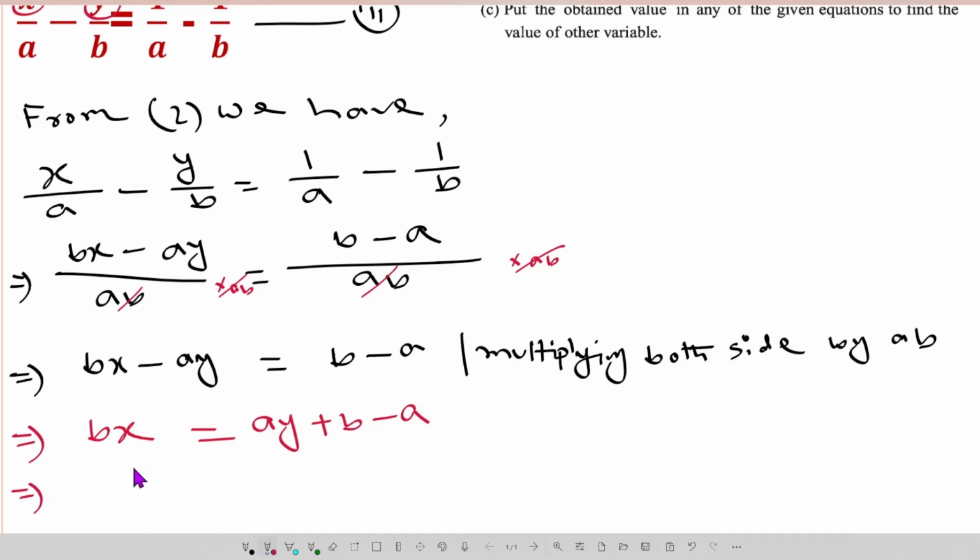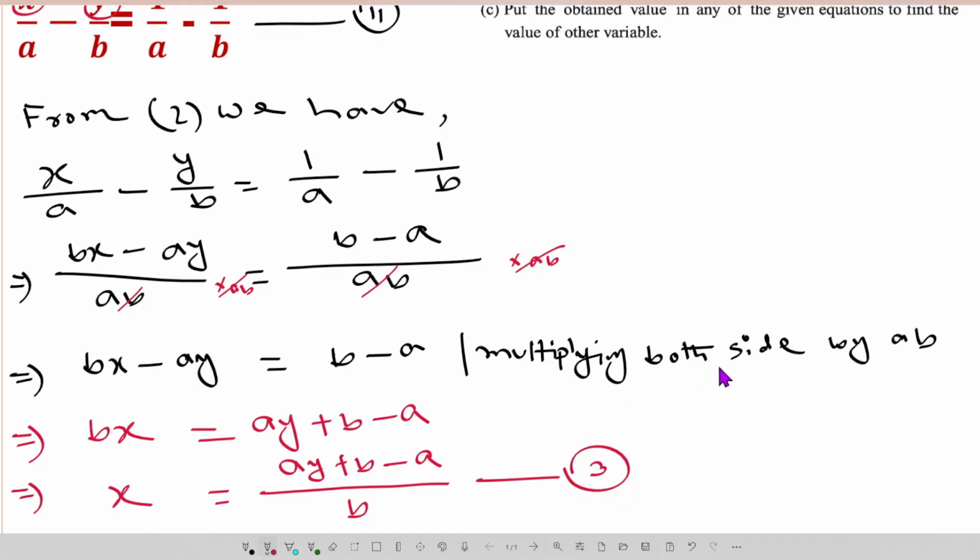Now we can divide both sides by b. So x equals ay plus b minus a, divided by b. We can mark this as equation 3.